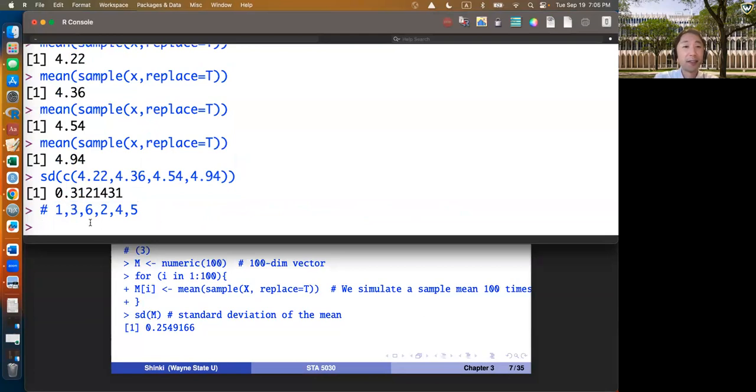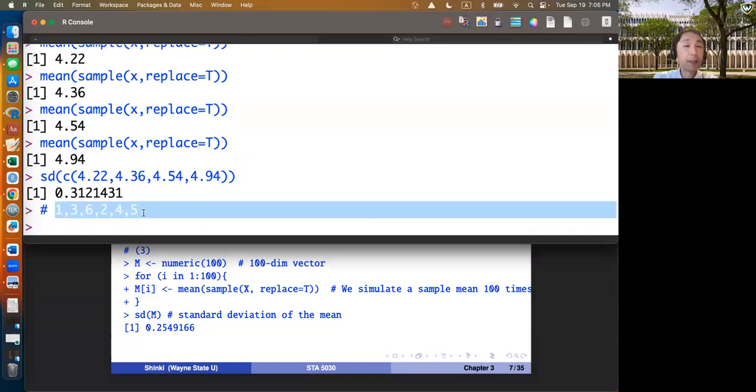Then simulating the 6 observations from this is a very natural way to simulate the 6 observations out of this experiment.